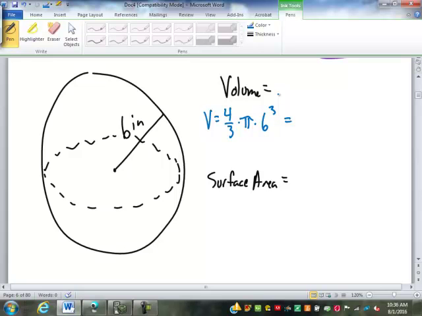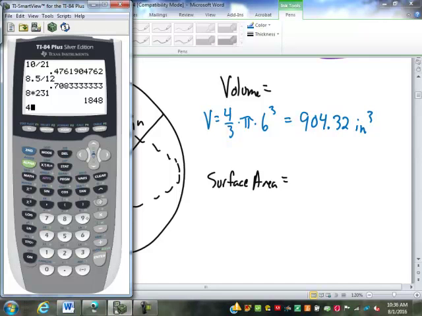What does that give you? 904.32 inches cubed. Does that sound right? That's what I'm getting, 904.32.